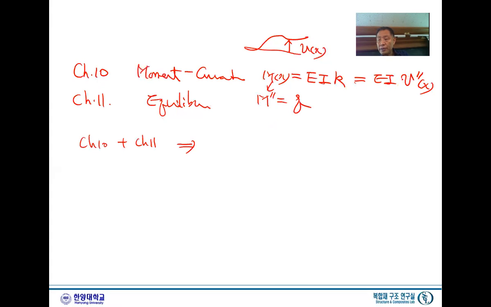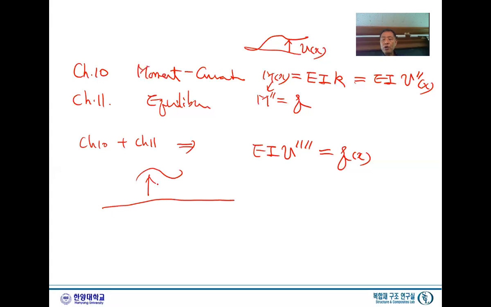Just a second derivative will be EI, two more derivatives will be Q(x). So this is the Euler-Bernoulli equation, which governs, say, this is the beam. We have Q(x), a function of x, a distributed load, and at each cross-section x we have a moment and a deflection.